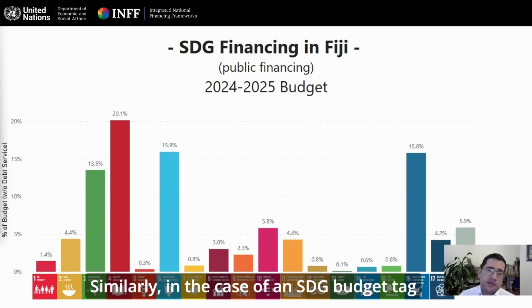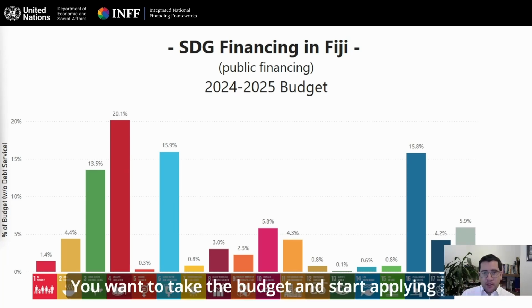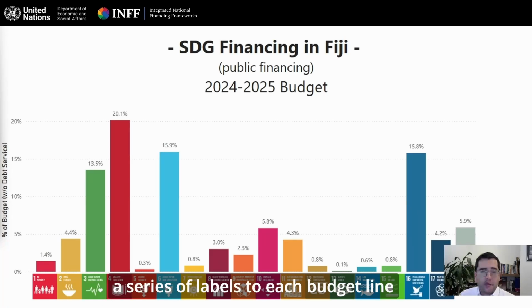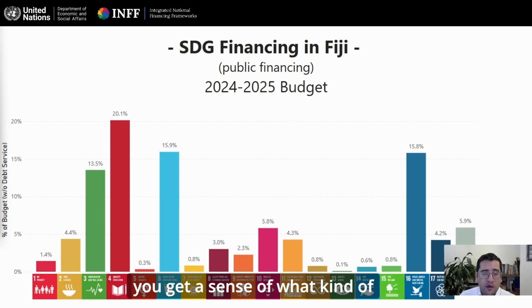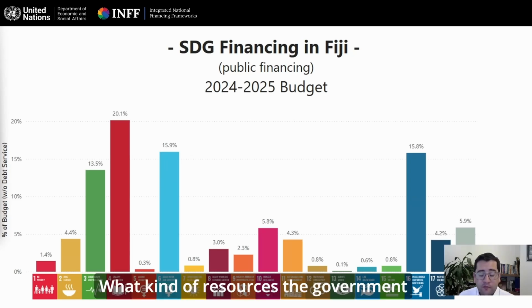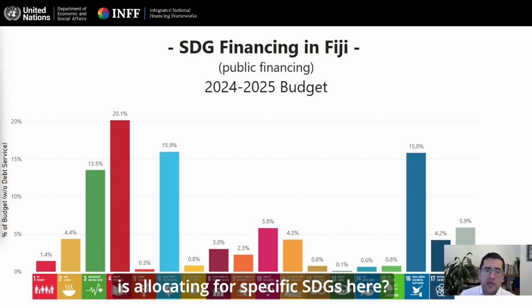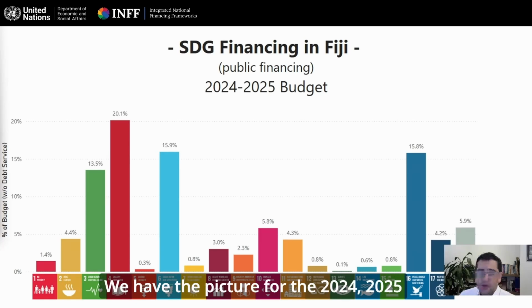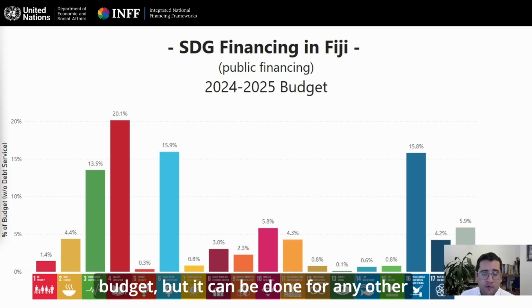Similarly, in the case of an SDG budget tag, you want to take the budget and apply a series of labels to each budget line so that at the end of the day, you get a sense of what kind of investments are being made, what kind of resources the government is allocating for specific SDGs. Here we have the picture for the 2024-2025 budget, but it can be done for any other fiscal year.